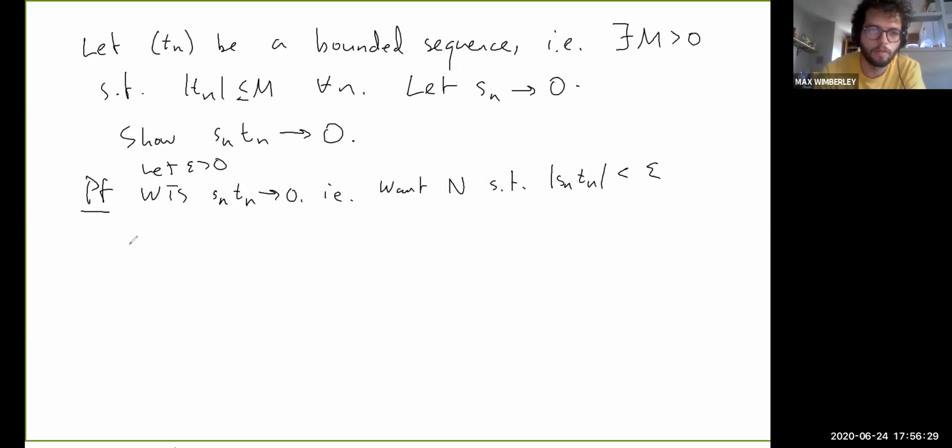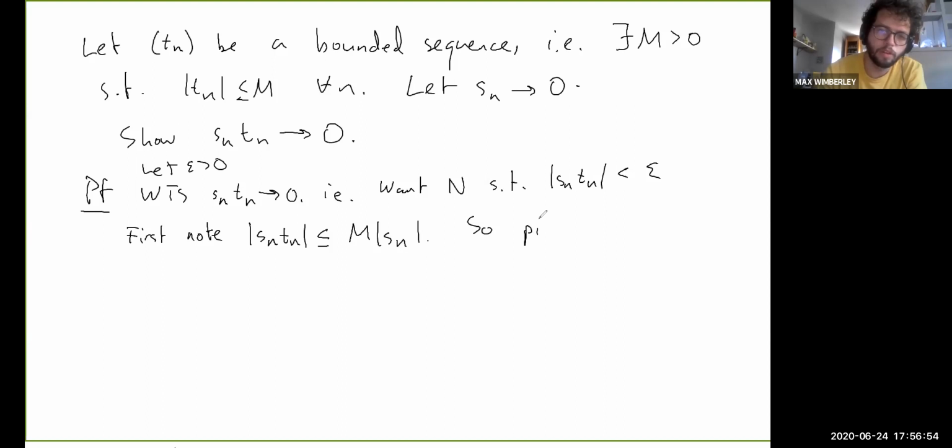So first, note that, you could consider this scratch work, the absolute value of SnTn is less than or equal to m times the absolute value of Sn. That's because of the upper bound on Tn.